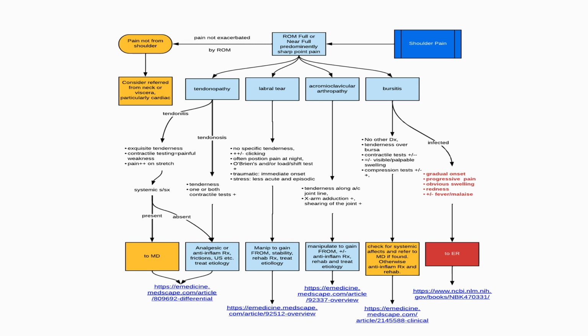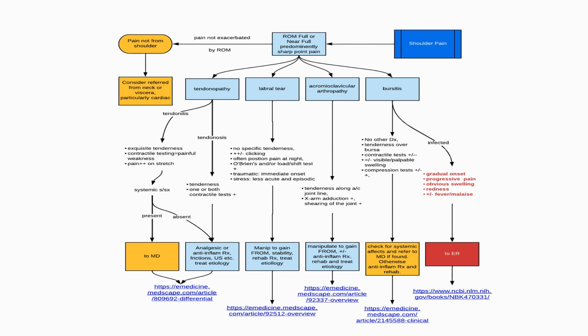But otherwise, O'Brien's test, if it's reproducing their point pain, is going to be very indicative of a labral tear. If the load shift test is positive, but not painful, you may have a labral tear. It isn't the source of their symptoms if O'Brien's test is negative. So ideally, you want both of these tests to be positive. Let me repeat that.